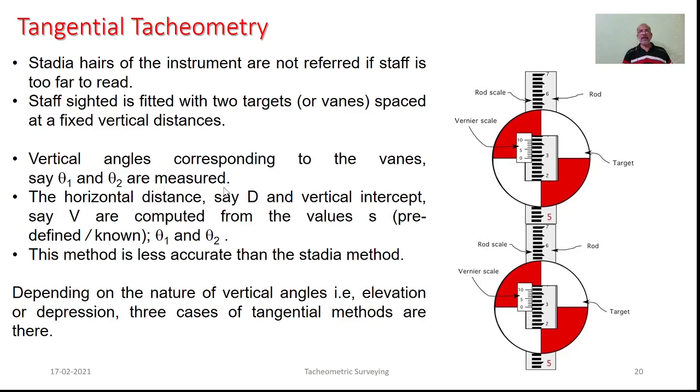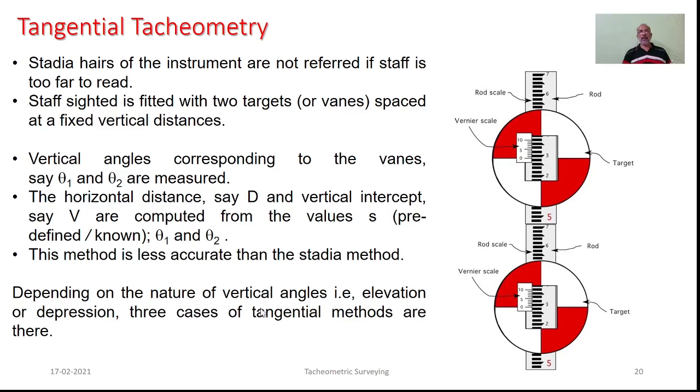We measure the vertical angles corresponding to these two targets as θ1 and θ2. The horizontal distance D, vertical intercept V are computed by making use of the distance in between these two targets and the angular measures. This method is said to be less accurate as compared to stadia method.